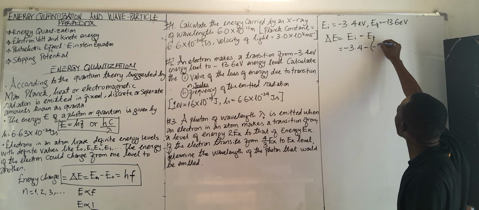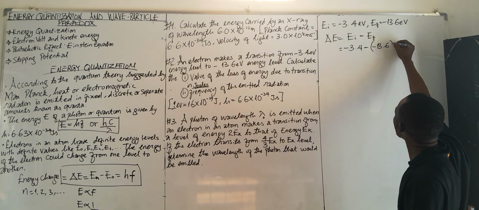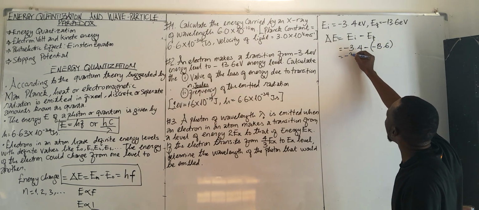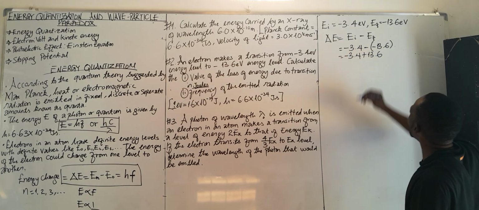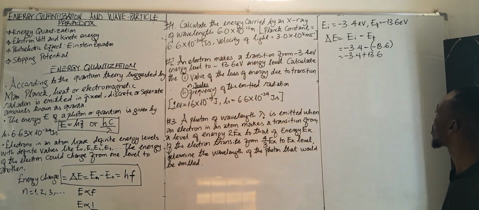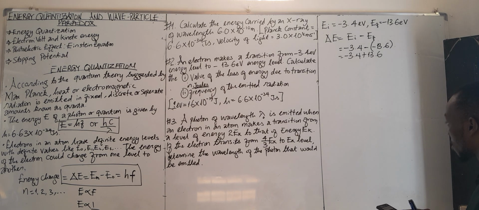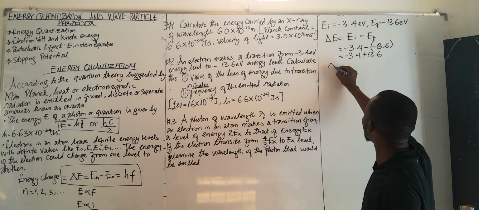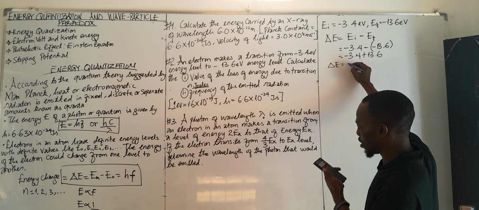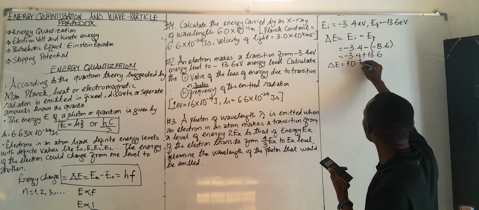EF is this 13.6. So that will be minus 3.4 plus 13.6. The answer to that is 13.6 minus 3.4, that's 10.2. So the change in energy equals 10.2.